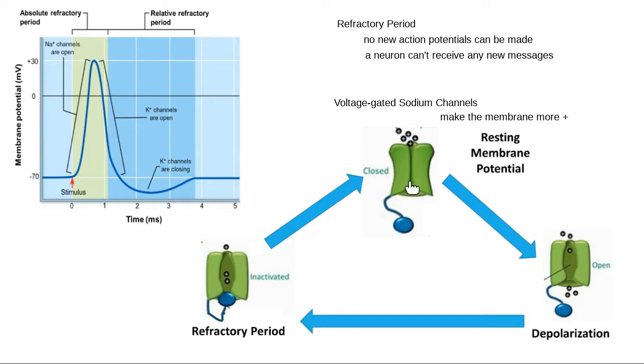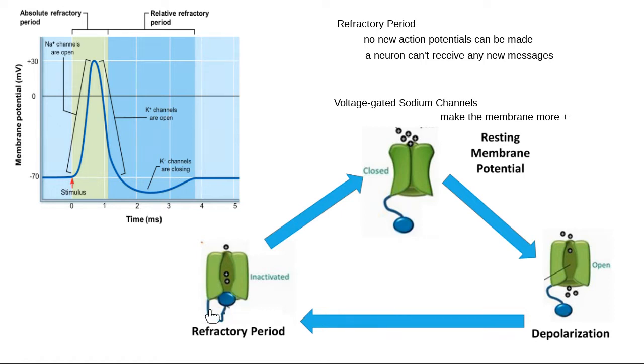So let's retell this process. Step 1, I'm waiting to hear a signal. My voltage-gated sodium channel is closed. Step 2, I have hit threshold. I open up my voltage-gated sodium channel. Sodium rushes inside. Step 3, way too much sodium inside.